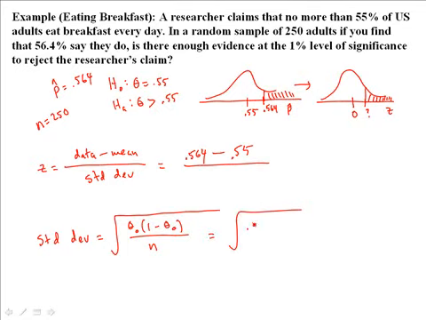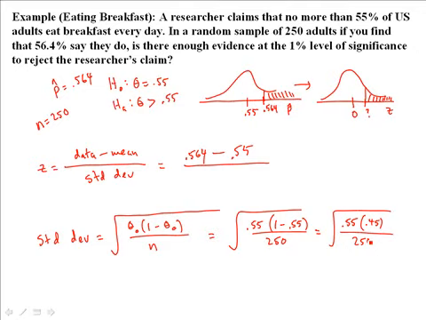So that's 0.55 there, and then it's 1 minus 0.55, and on the bottom our sample size, which we said was 250. So I'm going to need to compute 0.55 times 0.45 divided by 250, and then when we finally get that, take the square root of it. Tell me what you get.